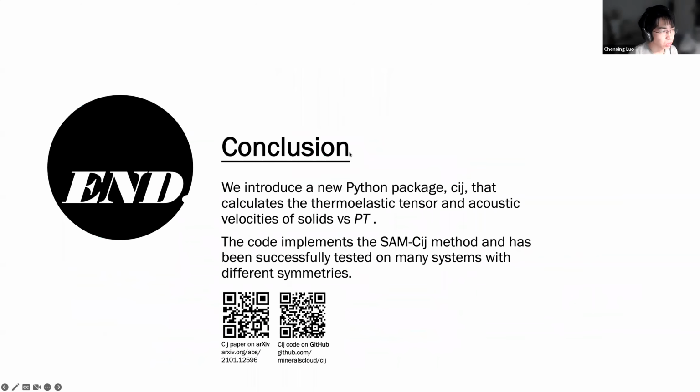So in conclusion, we introduced this Python package that calculates the thermal elastic tensor and acoustic velocities. And in this code, all the input we need is the phonon frequencies and the static elastic coefficients, which will greatly reduce the cost of calculating the thermoelastic coefficients.